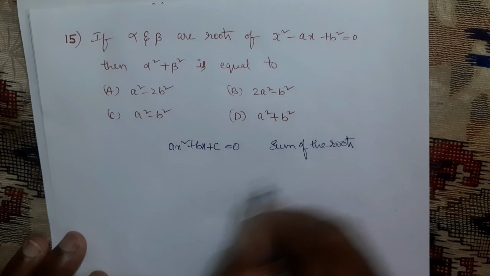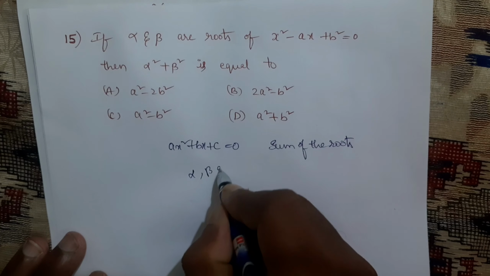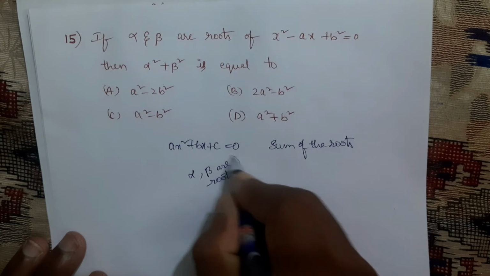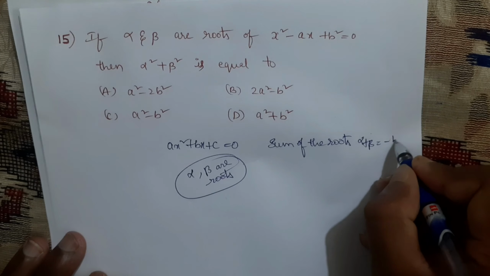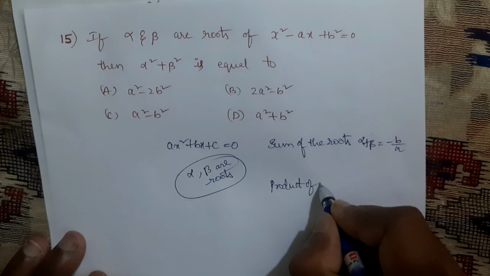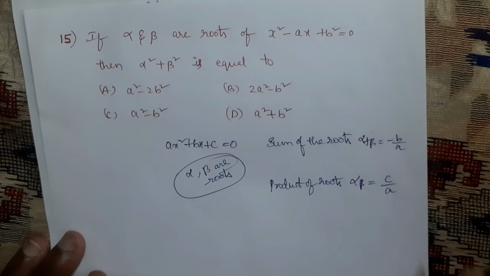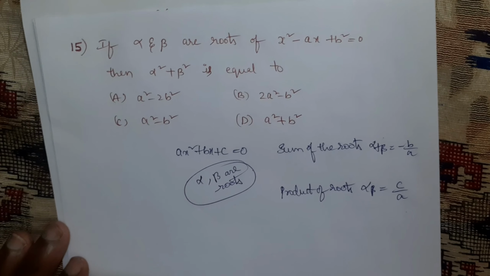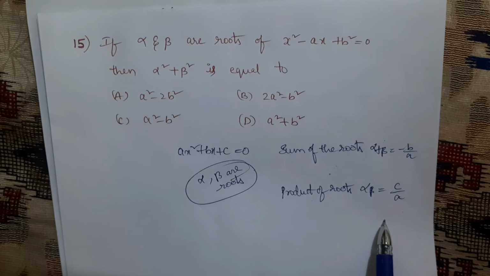Sum of the roots, alpha plus beta, is equal to minus b by a. Product of roots, alpha into beta, is equal to c by a. You need to remember this. This is a basic concept. Sum of the roots is minus b by a, product of the roots is c by a.